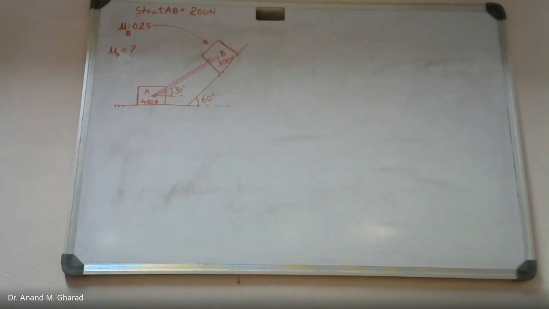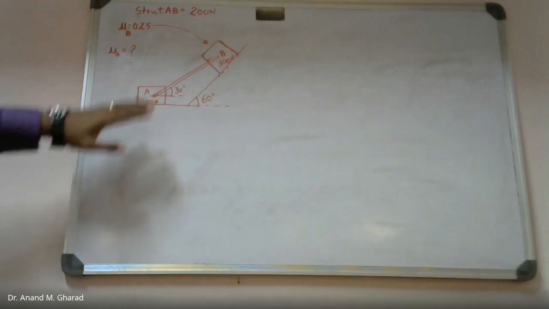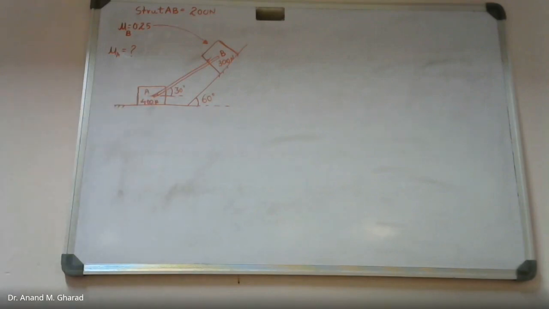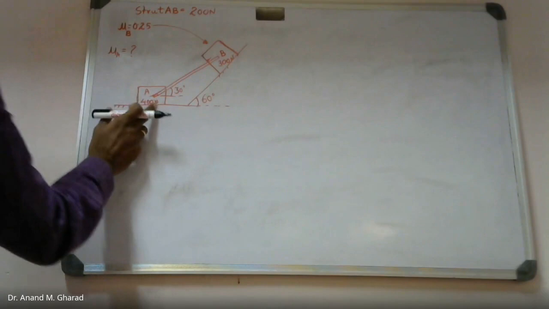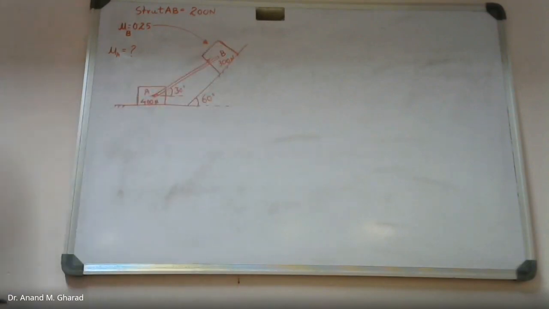Now, what is the natural tendency of this system? In which direction do you think this will move? Based on that, we need to draw the free body diagram. In which direction do you think this complete system will try to move? What will be its natural tendency? Can anyone tell? Yes, block A will move in the leftward direction, whereas block B will try to move in the downward direction.